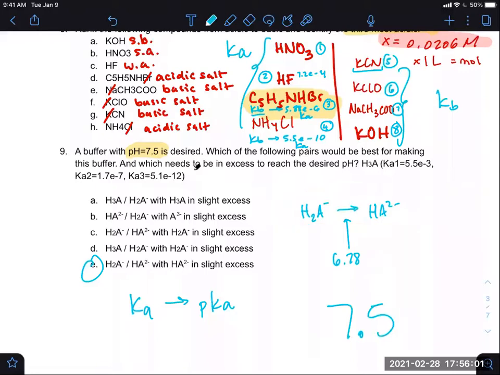And so we know it's going to be a little bit more basic than our pKa, and so therefore we're going to have a slight excess of the basic one, okay? Because the scale is going that way a little bit. So that is why we have H2A minus and HA2 minus, with HA2 minus in excess, okay? A little bit more of it to make it a little bit more basic. But yeah, any questions?